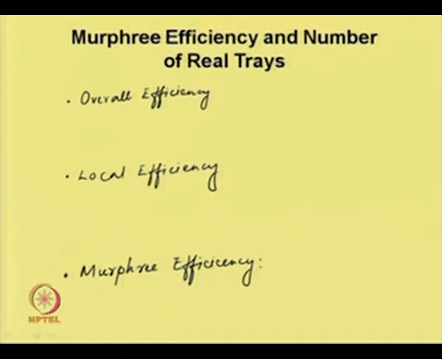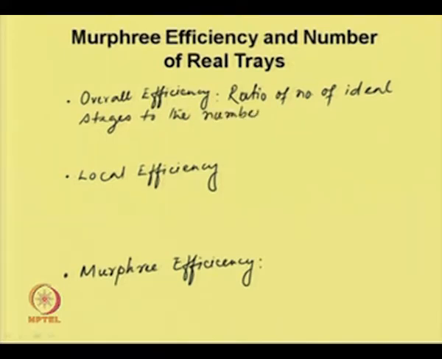So, overall efficiency is the simplistic approach and it is the ratio of the number of ideal stages to the number of actual stages.